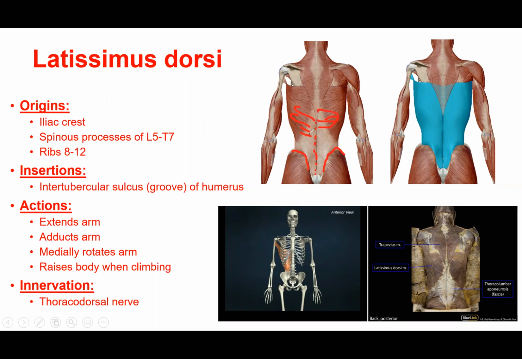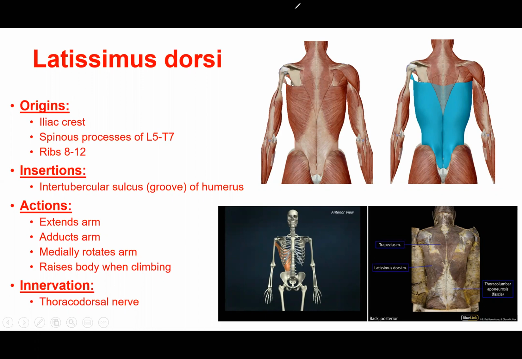So those last ribs, 8 through 12, 5 ribs, excuse me, are also going to be an origin. And it is going to actually insert onto the intertubercular sulcus or intertubercular groove of the humerus, which, remember, is that depression between the greater and the lesser tubercle on the humerus.